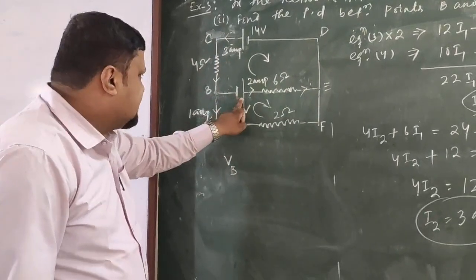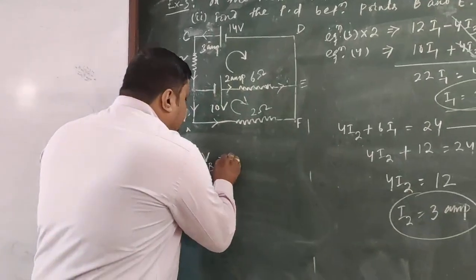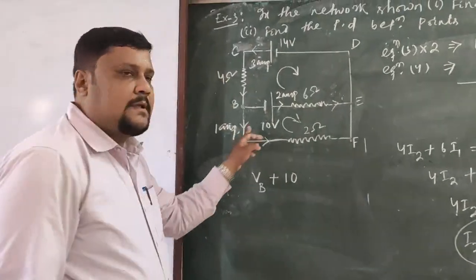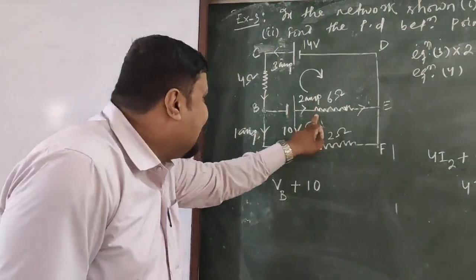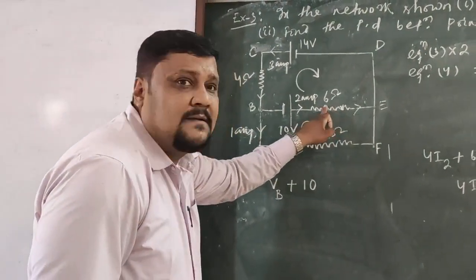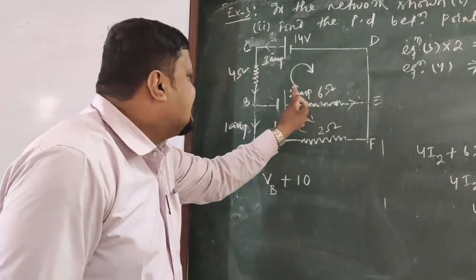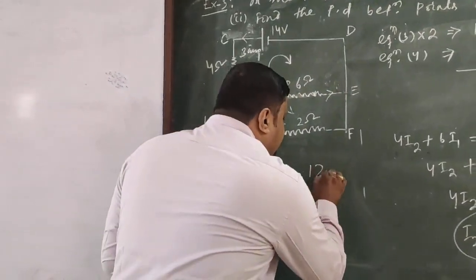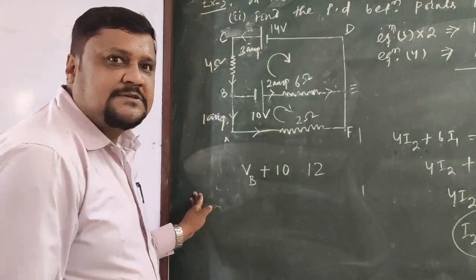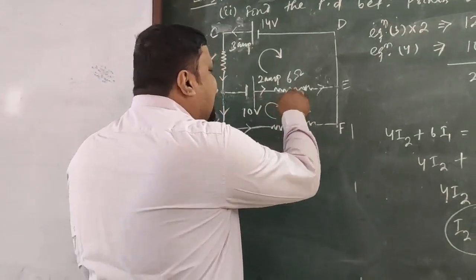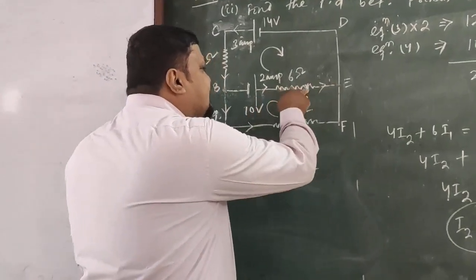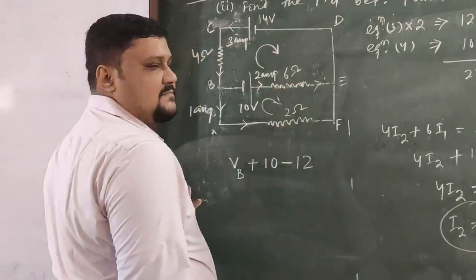At B, the potential is VB. Then the cell comes, 10 volt, means this is plus 10. Then the current direction is opposite to the path. You are coming from D to E. So 6 into 2, that is 12. Then this is plus or minus? The potential drop is 12, but the direction of current and the path are in the same direction, so this is minus.